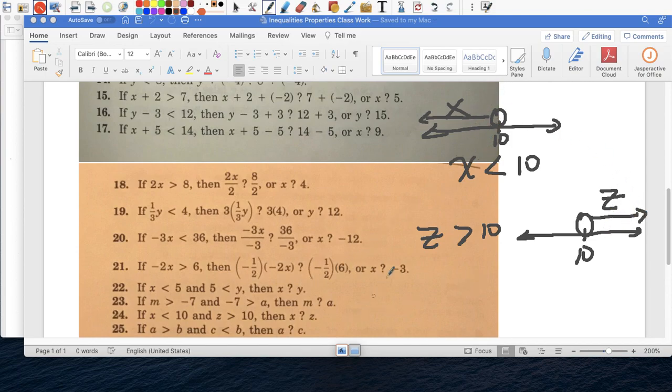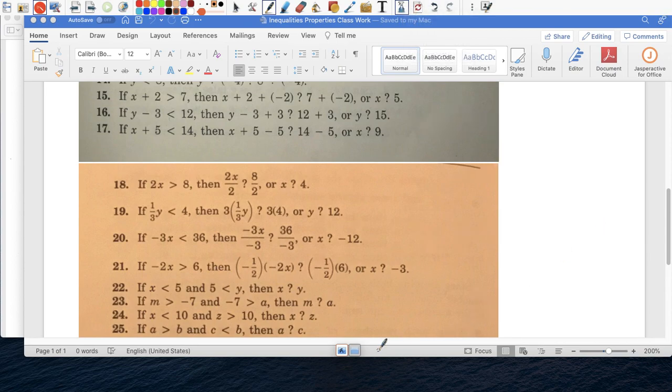Now they're asking you for the relationship between x and z. If you pick any x number and compare it to any z number, which are greater than 10, what will be the relationship here? Any x number that you pick will always be less than any z number that you pick.